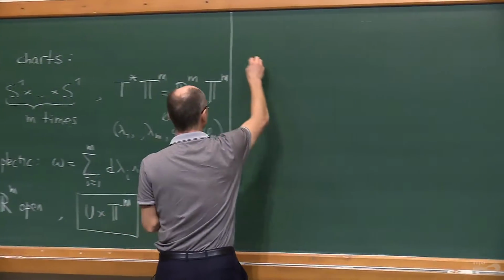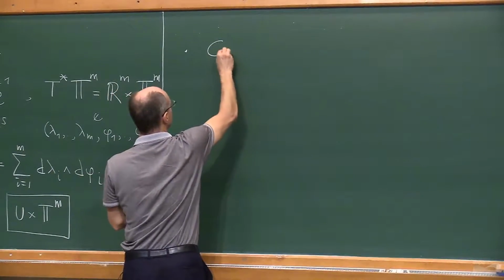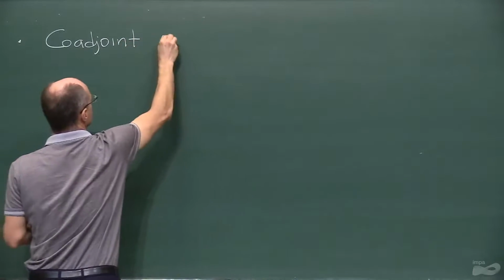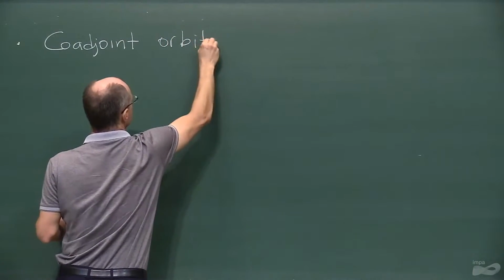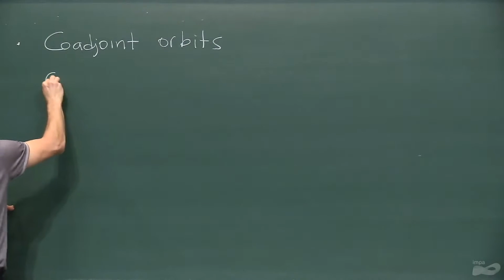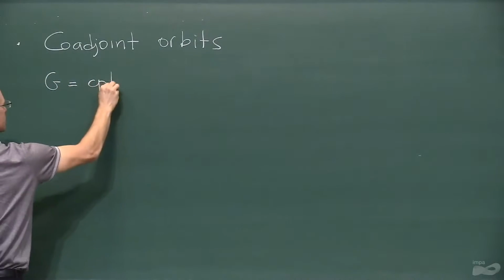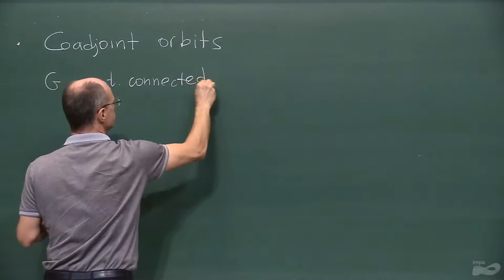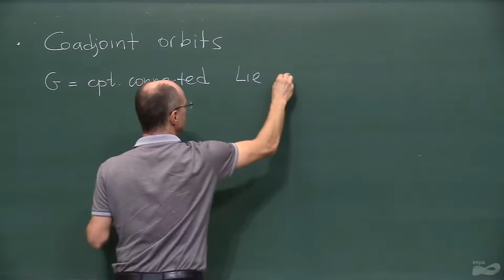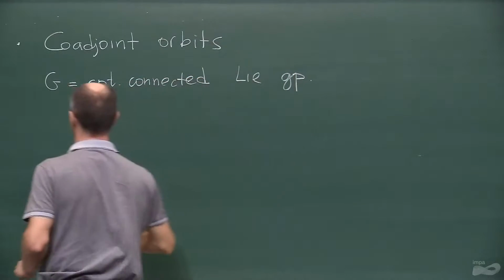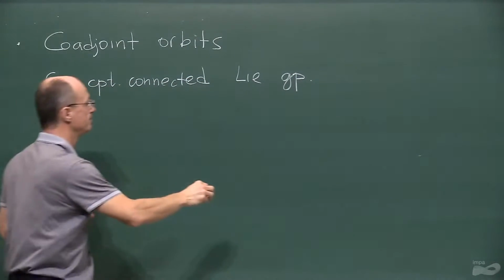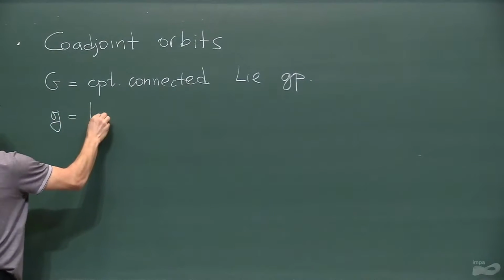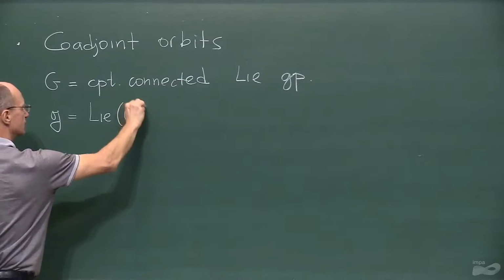Now let me just briefly recall coadjoint orbits. We're going to consider compact connected Lie groups. Let me denote by this beautiful g the Lie algebra.